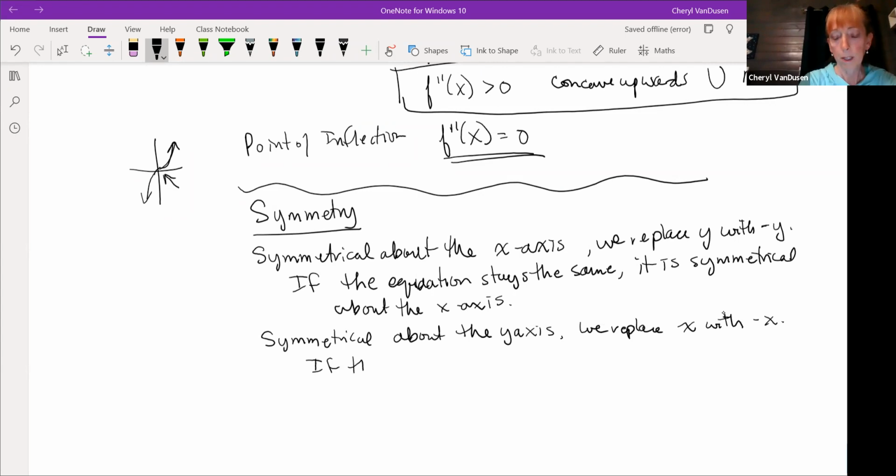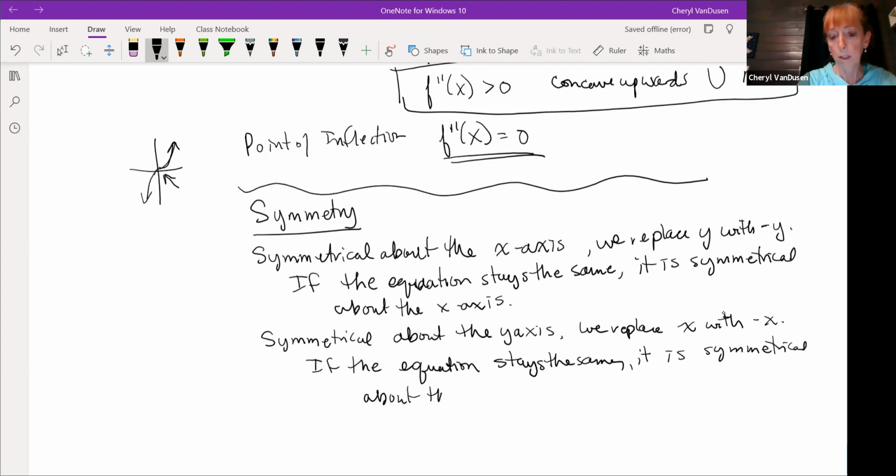If the equation reduces to the same thing, so I'm just going to say it stays the same, it is symmetrical about the y-axis. So that's another little piece of the puzzle in terms of figuring out how to do a long-handed question.